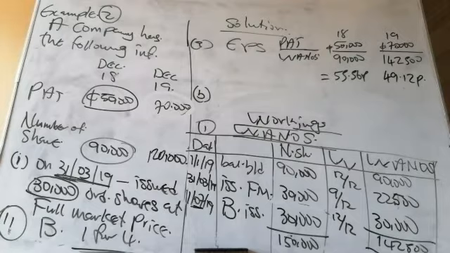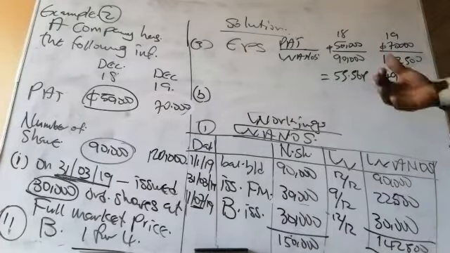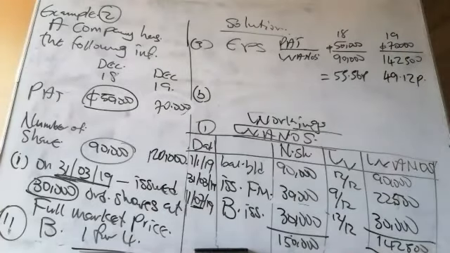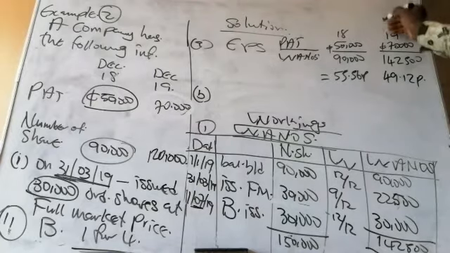Now, if we don't disclose the comparative information, you're going to make a wrong assumption. So now let's see something here. Now, in 2019, something happened that we have to acknowledge. There was a bonus issue.